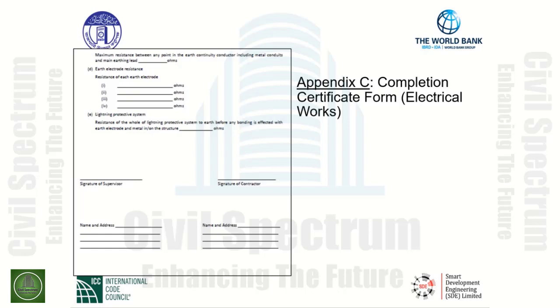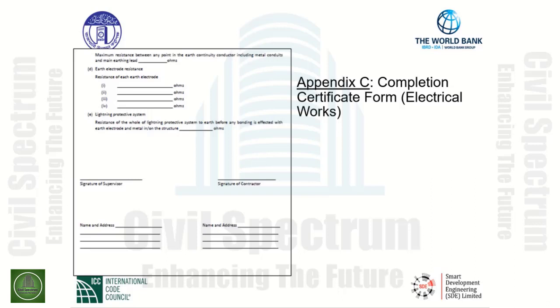Item E, lightning protective system. Resistance of the whole of the lightning protection system to earth before any bonding is effected with the earth electrode and metal in the structure in ohms.